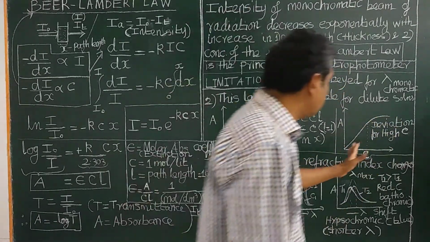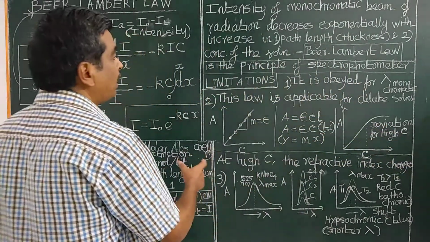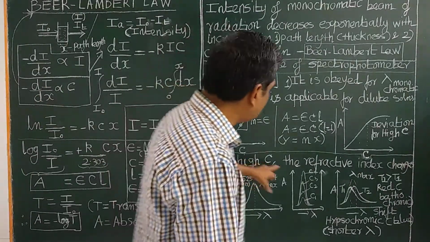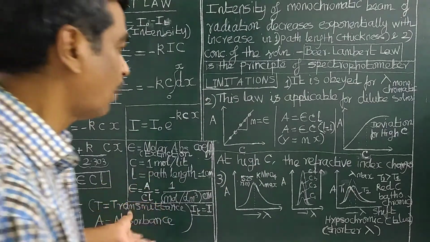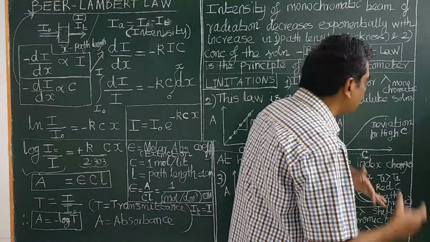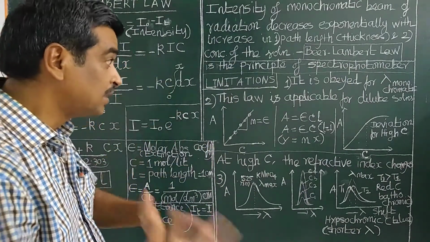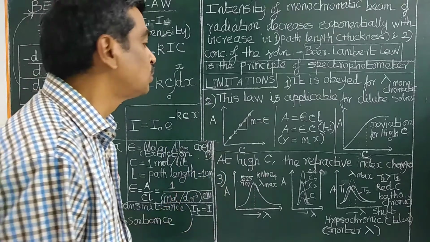Therefore, it does not obey the Beer-Lambert's law at high concentration. Next, at high concentration, why does it deviate from Beer-Lambert's law? Because the refractive index of a highly concentrated solution changes significantly if you increase the concentration of the solution.